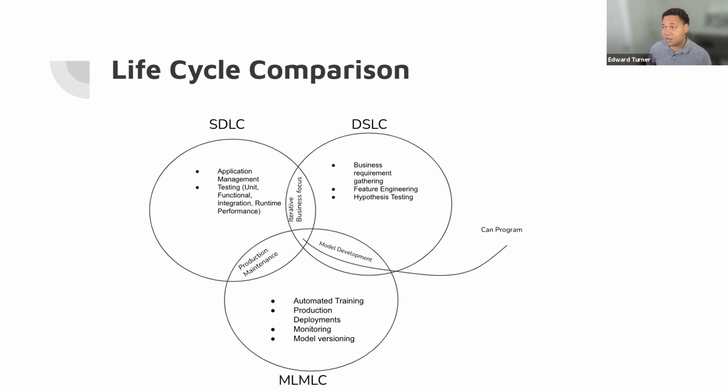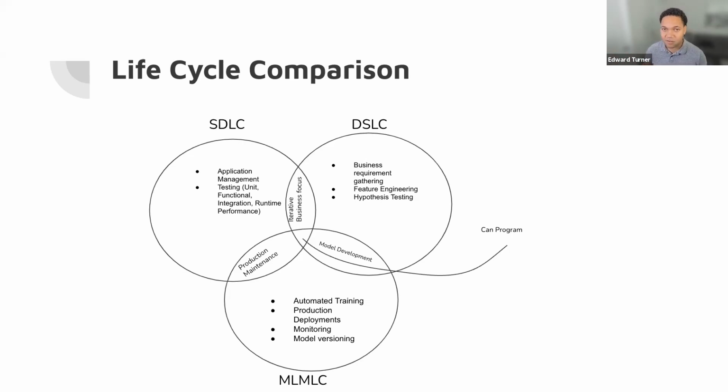The data science life cycle might refer to Python or R as your main ones. Then the machine learning model life cycle could be any of those languages I just mentioned, but you also can do some pretty interesting things in pure JavaScript, depending on your model architecture. And so again, the one common denominator across all three is that you can program your ideas.